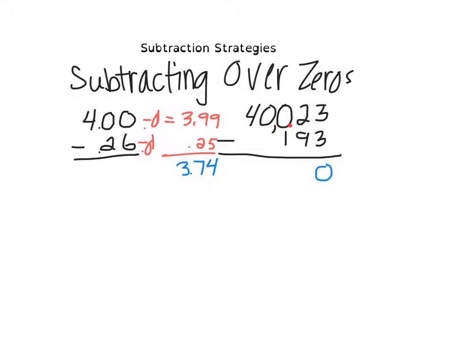So I look at this whole number, which is 400, and I take my pencil and cross out the whole number. And just like borrowing from one place, we're going to take 1 from it. So 1 down from 400 is 399, and then I'm putting my extra 1 in front of that.